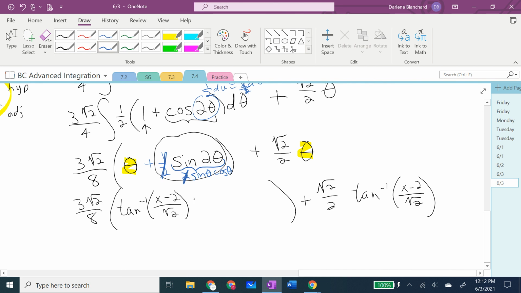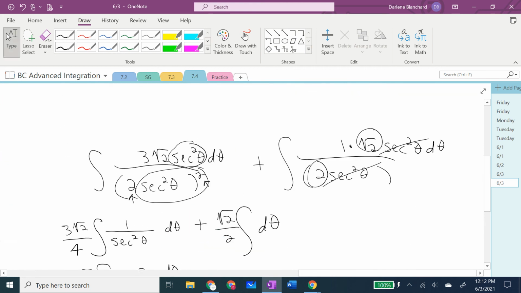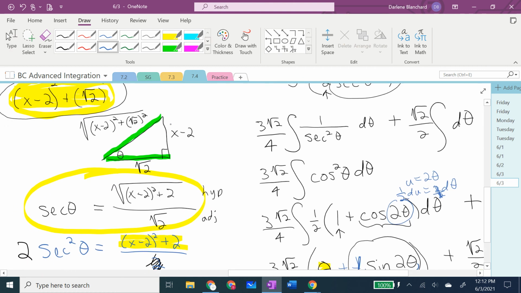And all I have here is plus sine theta times cosine theta. Back to the triangle. Sine theta is opposite over hypotenuse. Cosine theta is going to be the adjacent over hypotenuse.